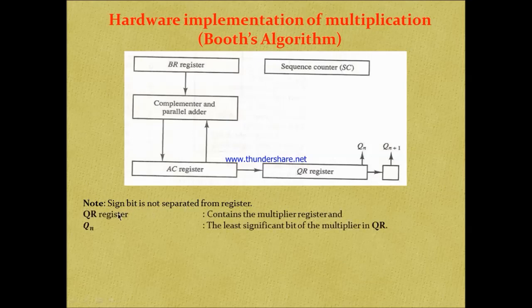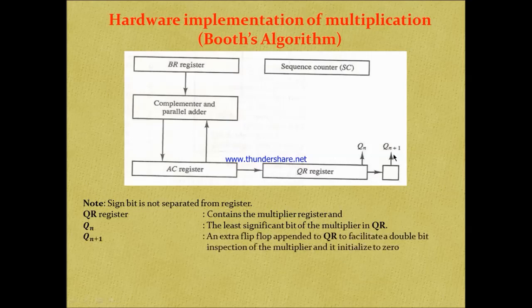So now what is the QR? As we have mentioned, it contains the multiplier, and this Qn is the least significant bit of the QR. And what is Qn plus 1? Qn plus 1 is one flip-flop which is additionally appended to the QR register so that we can perform the multiplication. These things are already mentioned in the last slide, why this Qn plus 1 is required.